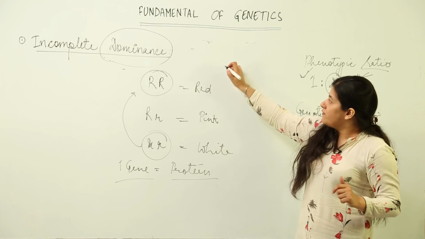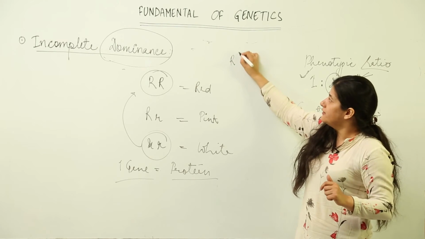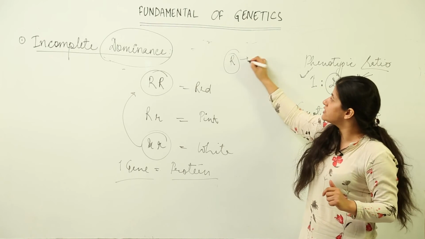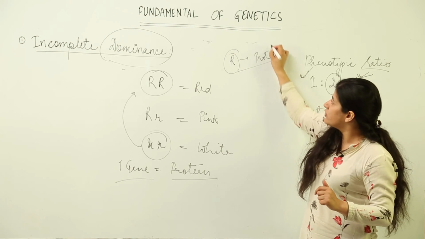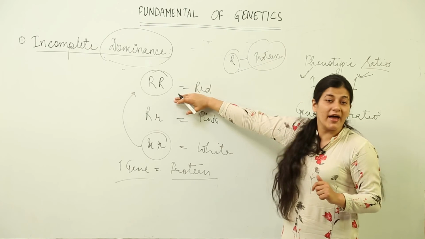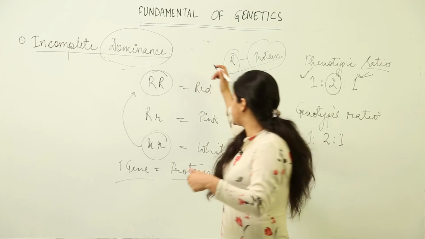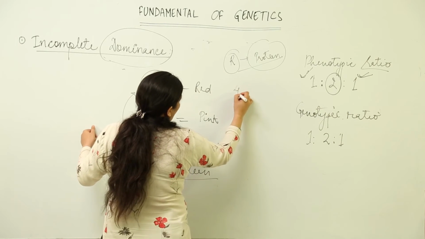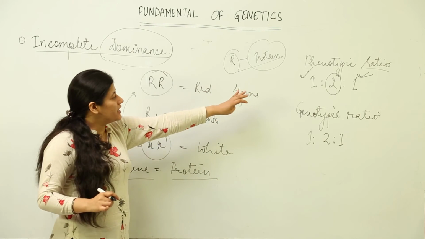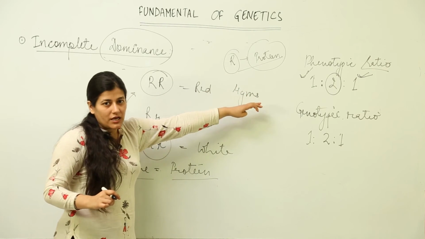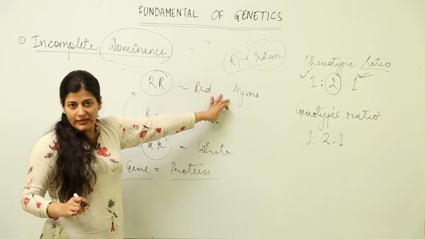Now, when we have this allele, it produces a specific protein. Now, supposedly, the amount of protein required for expression of red is 4 grams, okay? Until and unless it is 4 grams, it cannot produce red coloration.